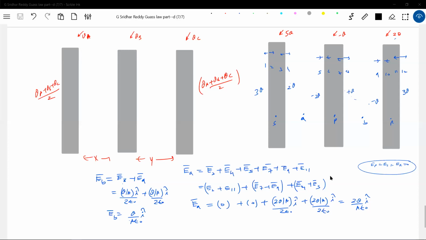Sir, can you show the screen once again? Sir, in EB we took only E8 and E9, sir. Why didn't we take E6 and E11? They will get cancelled. That's what I mean to say.